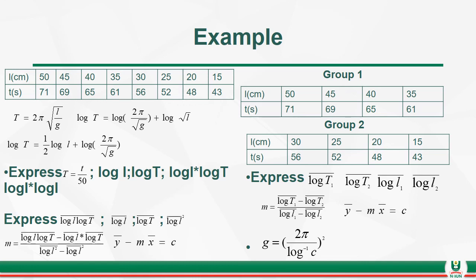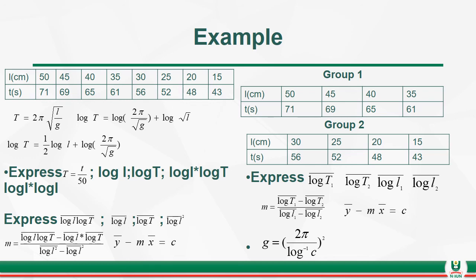With this, I have the variables of interest, log T, log L, and so on. But capital letter T is not given in the table, so it means we have to calculate the period from the time for 50 oscillations. And like we know, period, capital T, is small letter t divided by 50. So what we do is create another column for period, capital letter T. That will be 71 over 50, 69 over 50, and so on.